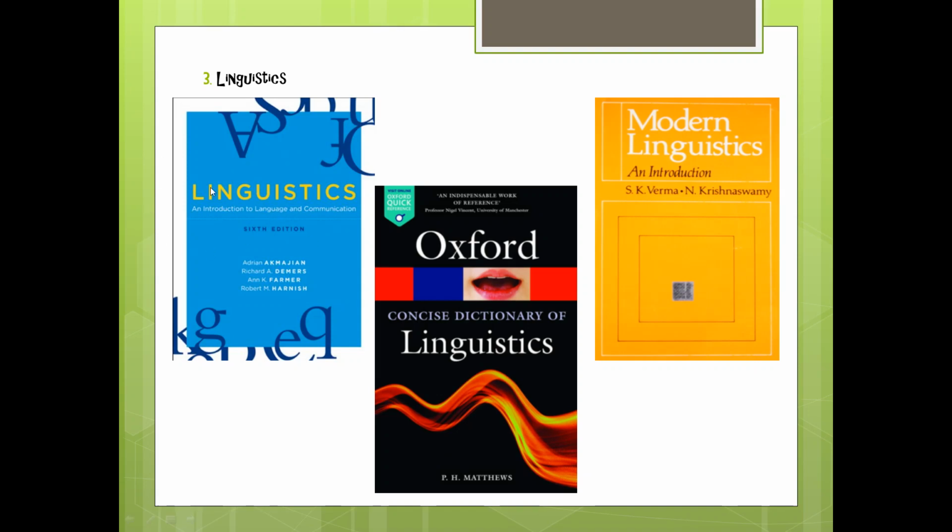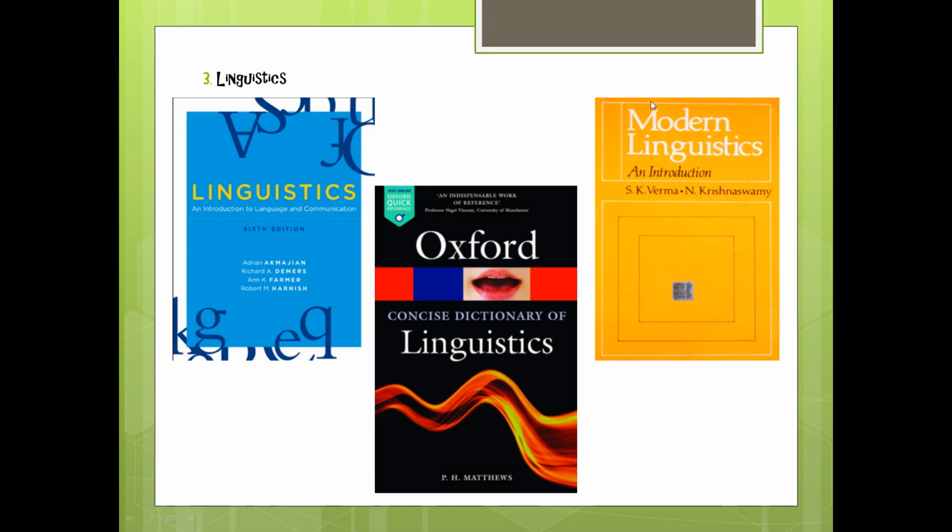The first book, An Introduction to Language and Communication, as we have said earlier, deals with the development of linguistics as a discipline and as a subject, the various theoretical approaches to linguistics, and the various methods in which linguistics is utilized in different linguistic interpretations as well as literary interpretations. And thus this is a very basic book on linguistics. It is a bit bulky book, but still it's easy to read.